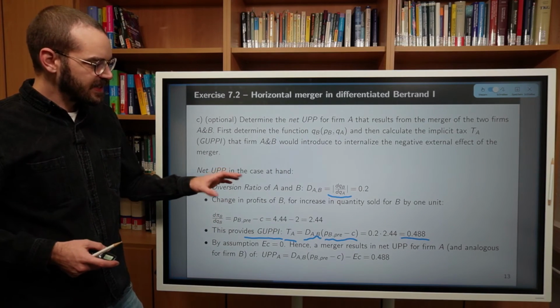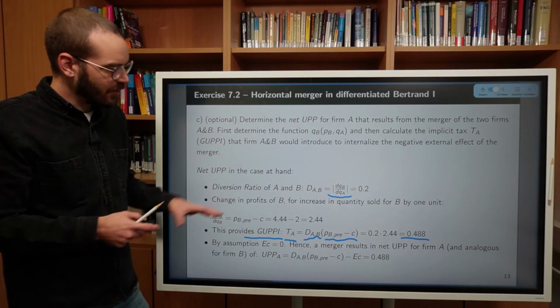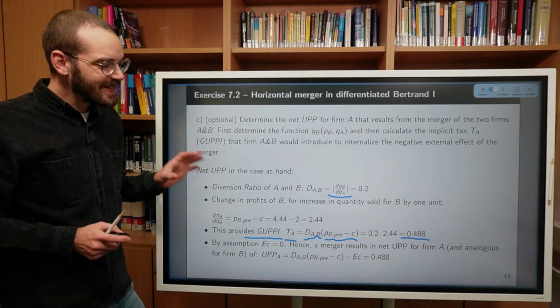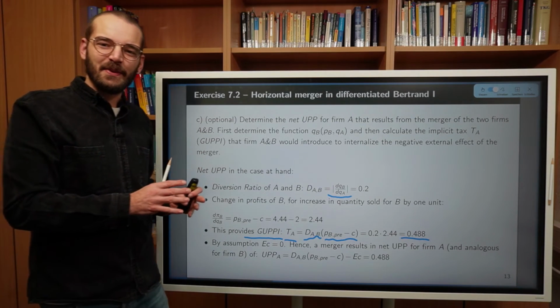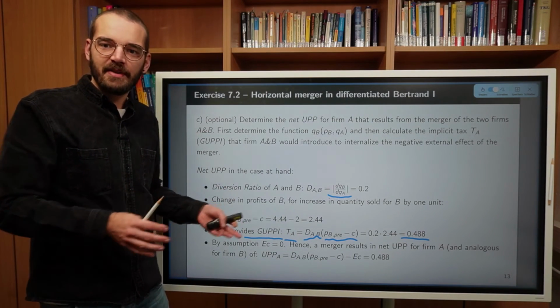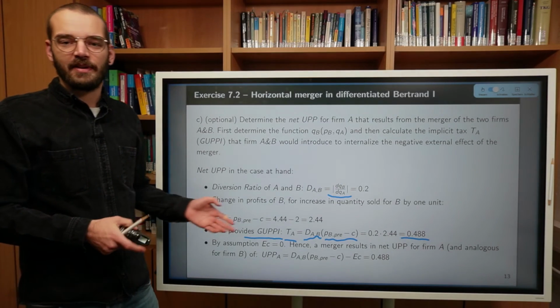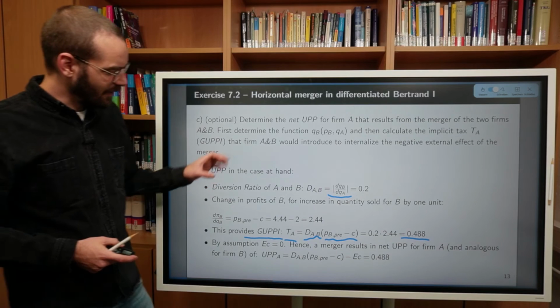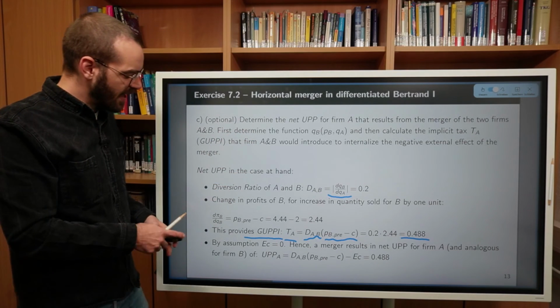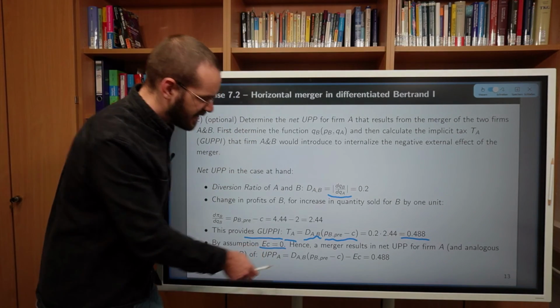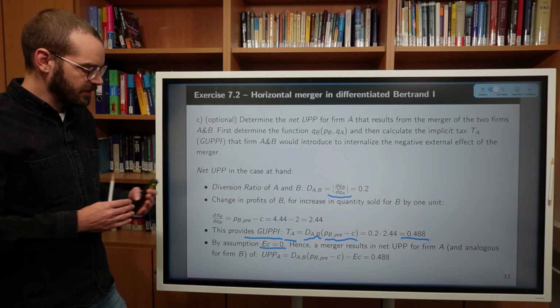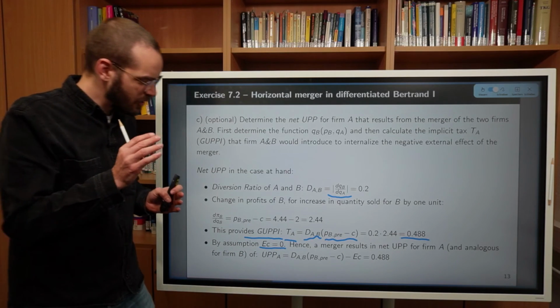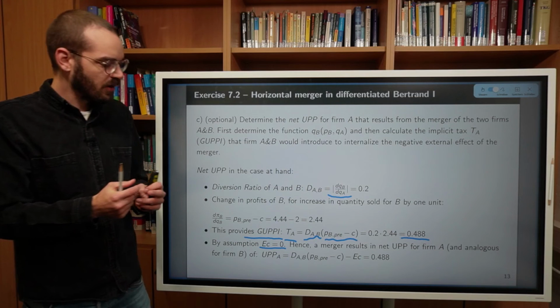In this calculation, of course, there is one implicit assumption. When you compare this to your own calculations or to the calculations presented in the lecture slides, you will realize that you usually would have to consider some efficiency effect, EC, so some change in marginal costs.